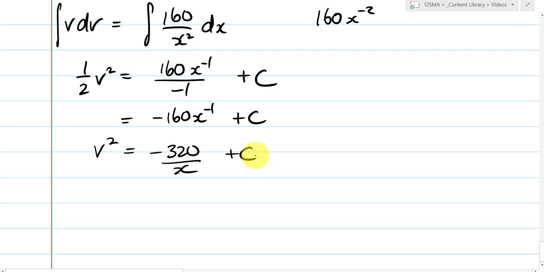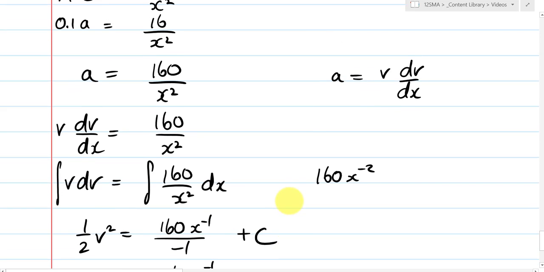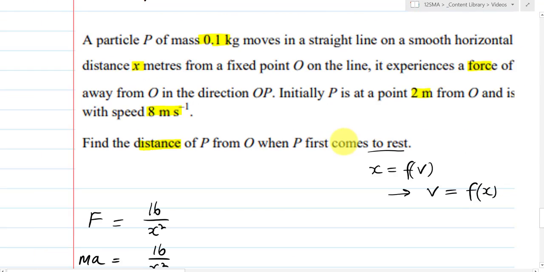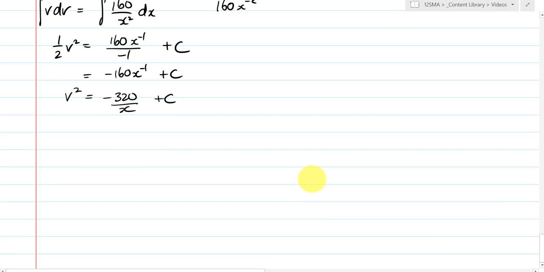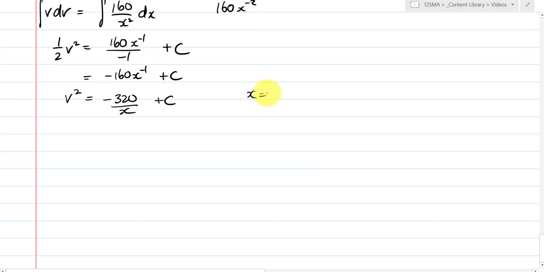And we know our initial conditions, or at least a condition. A condition up here is that P is at 2 meters away from O and has a speed of 8 meters per second, which we might need later on, but let's just start with that. x equals 2 when v equals 8.